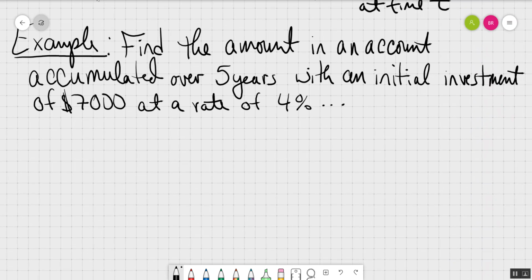Here we go. So for the first one, I am going to compound it monthly.